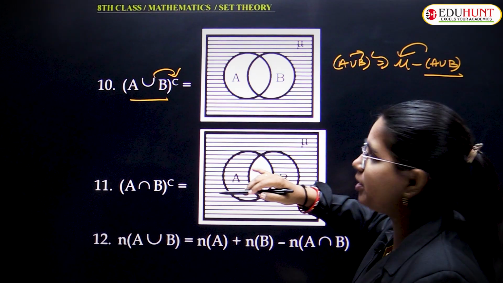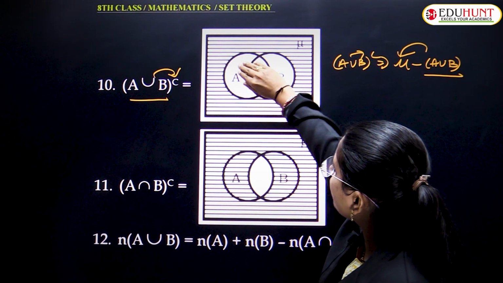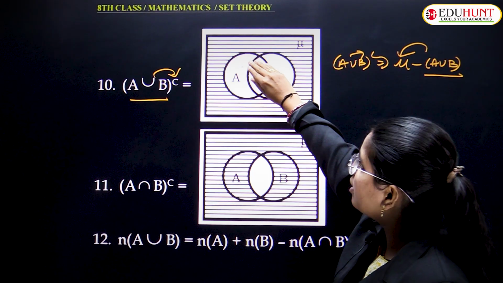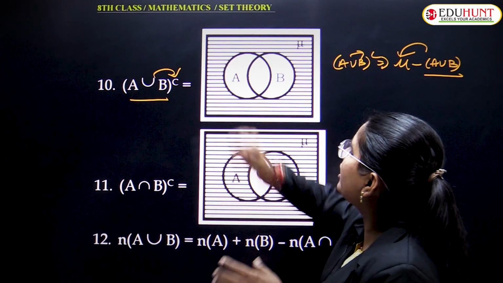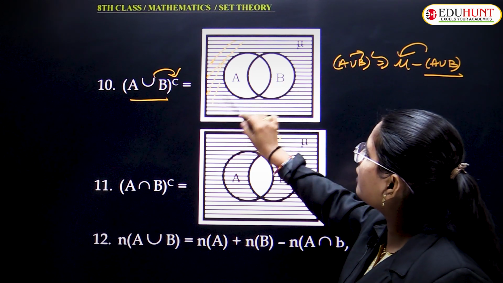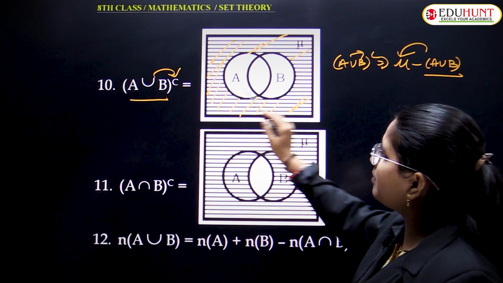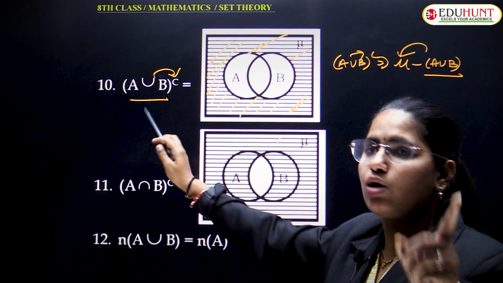What is A union B? A union B means this part. So from the universal set I should not label this part. What do I have to label? This complete outer part I have to label. So this gives a Venn diagram of A union B whole complement.